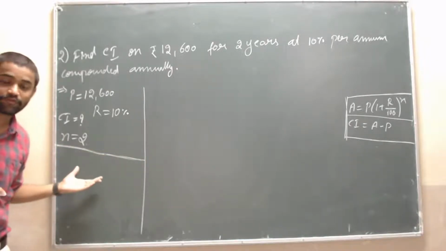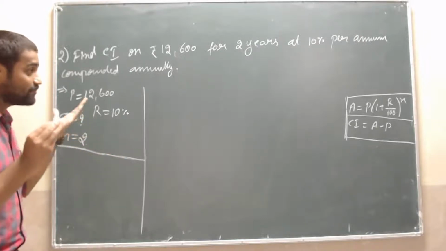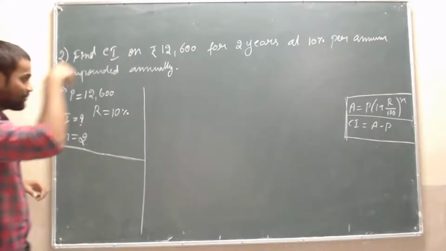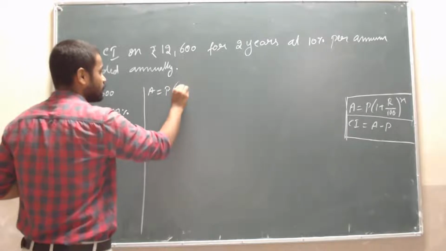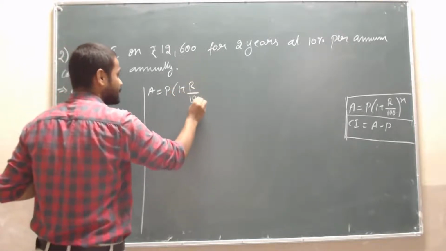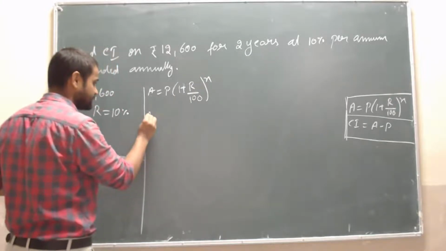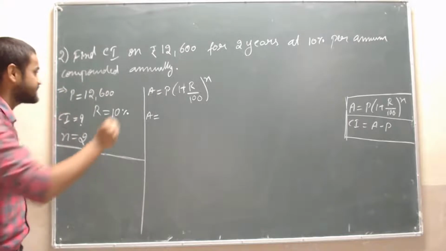So first of all we have to find out the amount. Without the amount we can't get CI, compound interest. So I will apply the first formula, that is A is equal to P of 1 plus R by 100 whole to the power of N. This is the formula we have. I will substitute these values in this formula. Concentrate.